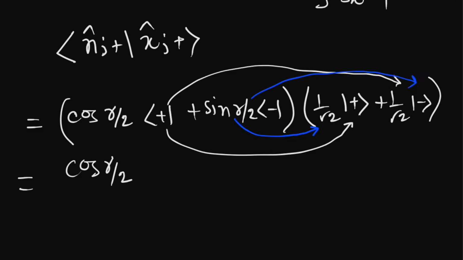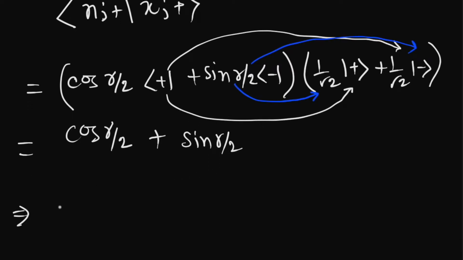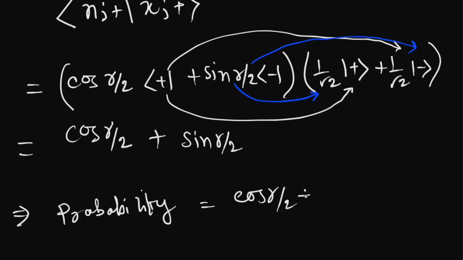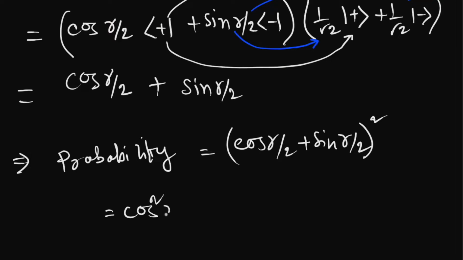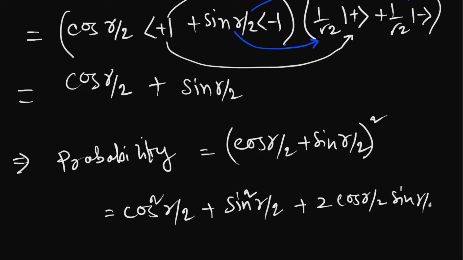That means we get cos gamma by 2 plus sin gamma by 2, all over root 2. Now what is the probability? The probability will be the square of this, which is cos square gamma by 2 plus sin square gamma by 2 plus 2 cos gamma by 2 sin gamma by 2, all over 2.